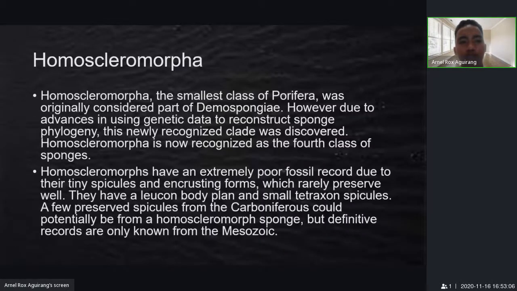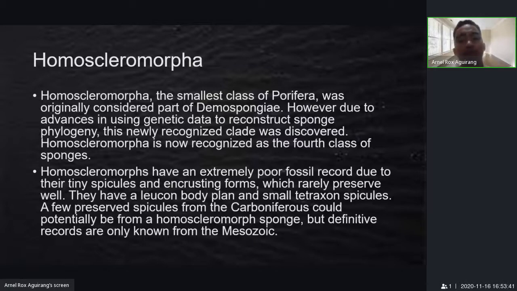The class Homoscleromorpha of Porifera was originally considered part of Desmospongiae. However, due to advances using genetic data to reconstruct sponge phylogeny, this newly recognized clade was discovered. Homoscleromorpha is now recognized as the fourth class of sponges. It has an extremely poor fossil record due to their tiny spicules.